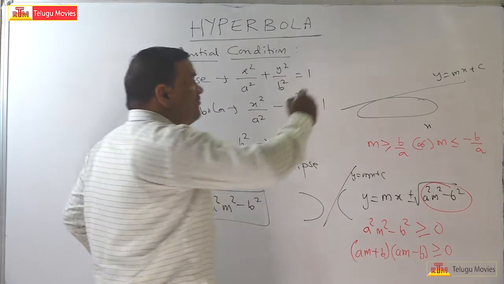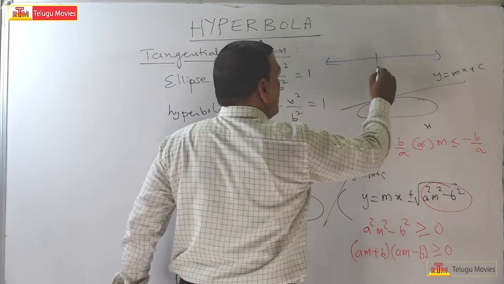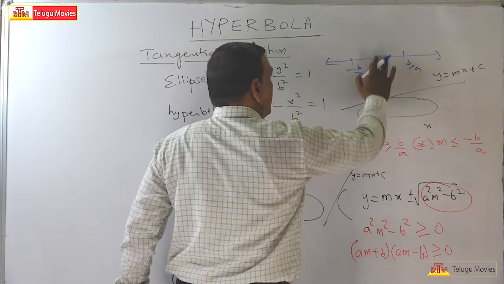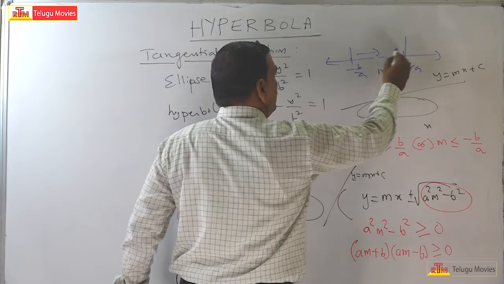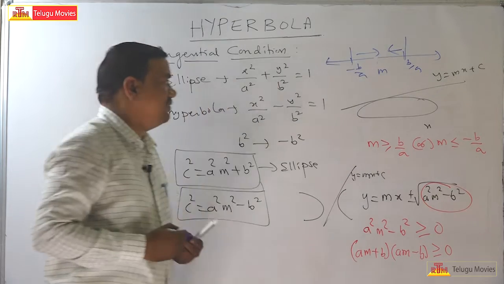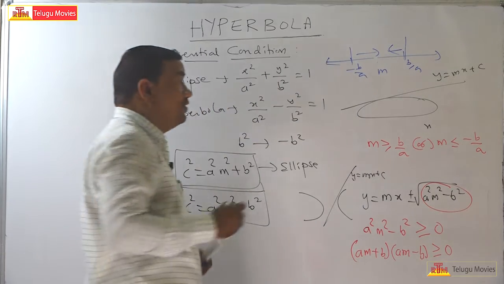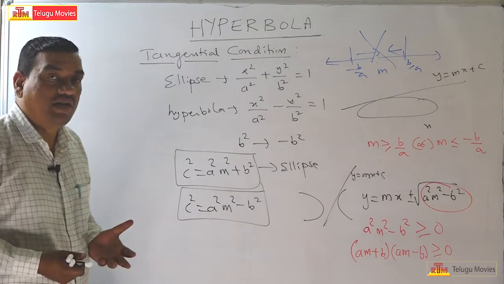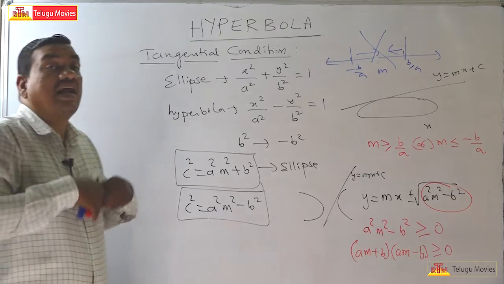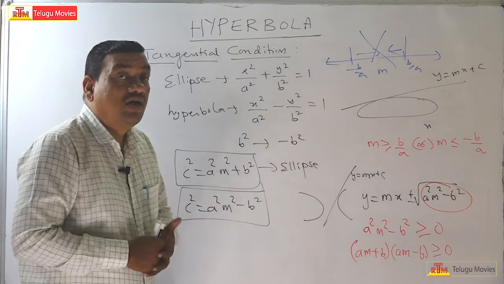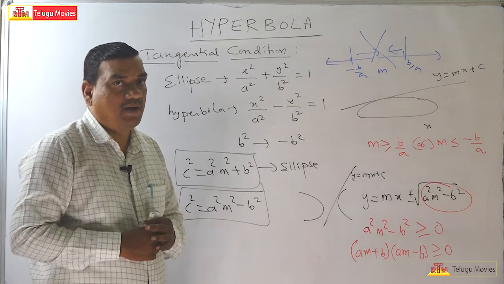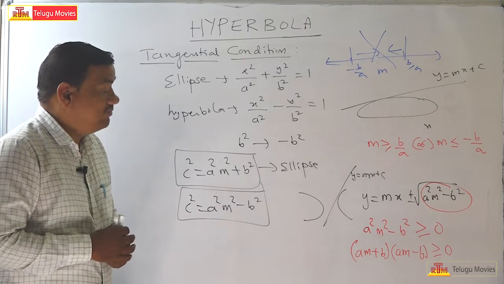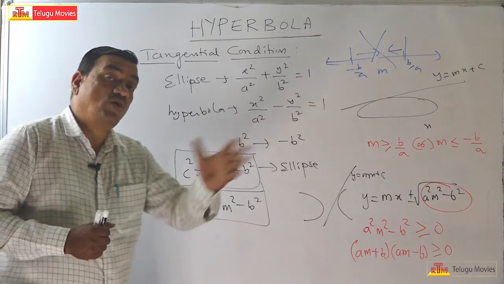That means the m value should not lie between minus b by a and plus b by a. If it lies there, then that line cannot be a tangent to the hyperbola. I hope that you understand this concept. Let us see some more concepts.